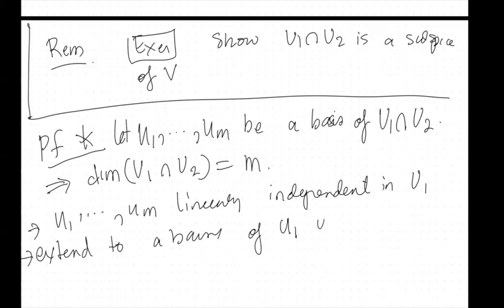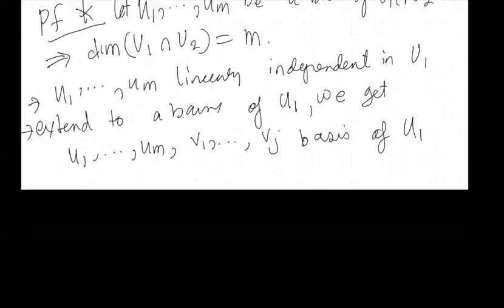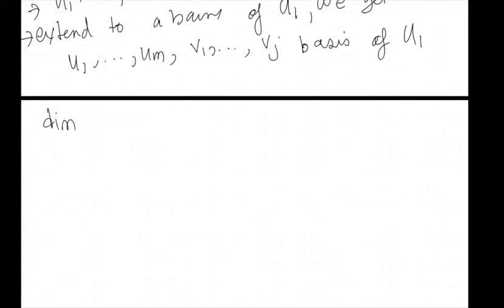So we get U1 to UM and then V1 up to say VJ, a basis of our U1. Then the dimension of U1 is equal to M plus J.